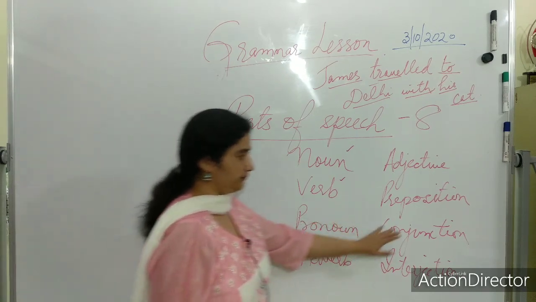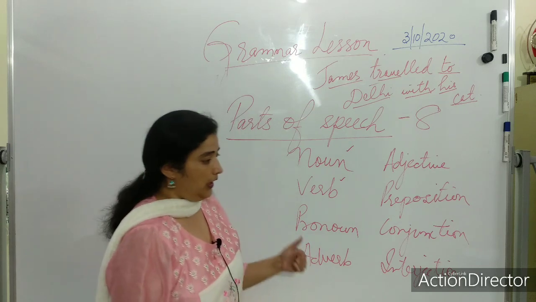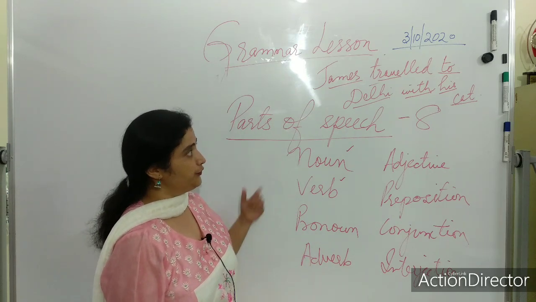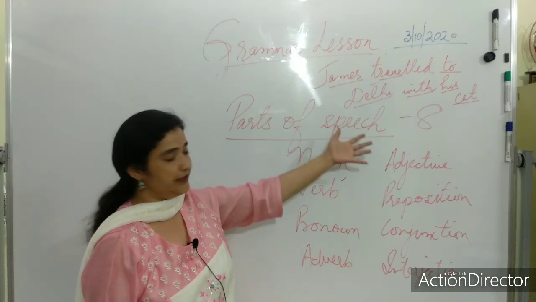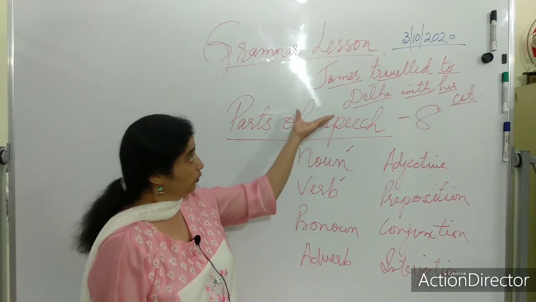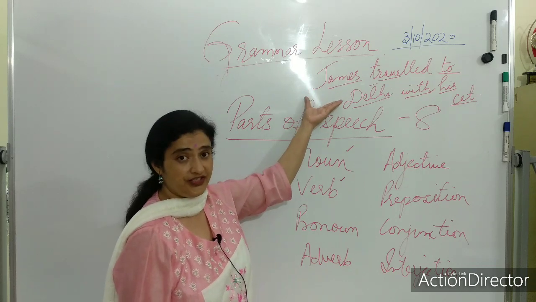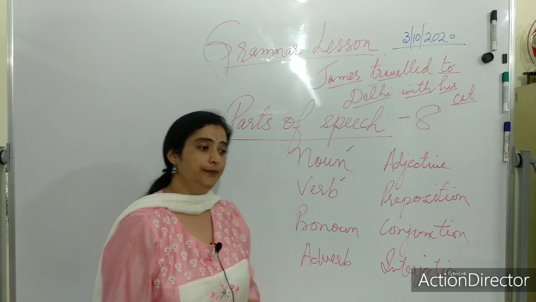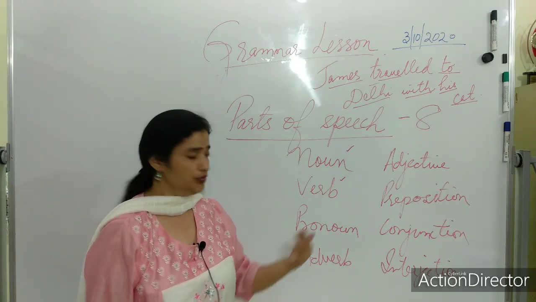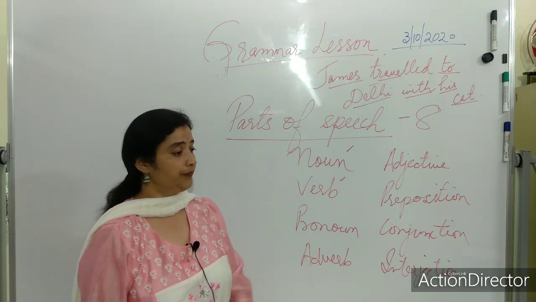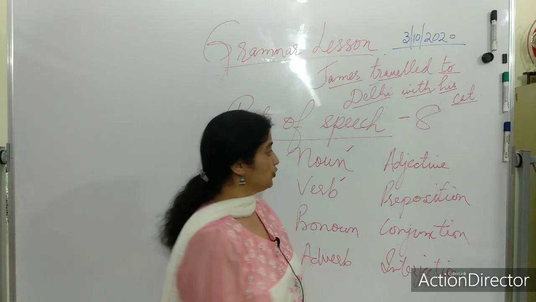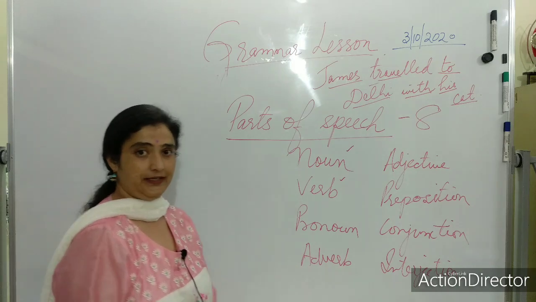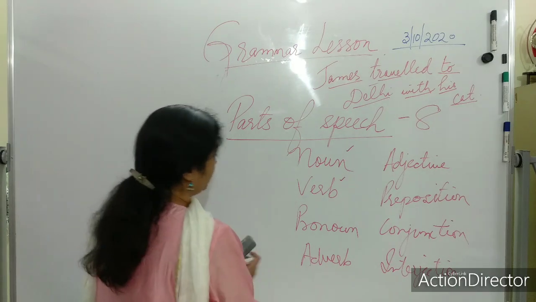As we practice them, as we try to find out in sentences whether a particular word is a noun, verb, adjective, or preposition, things will begin to clear and we will be in a position to write better English.